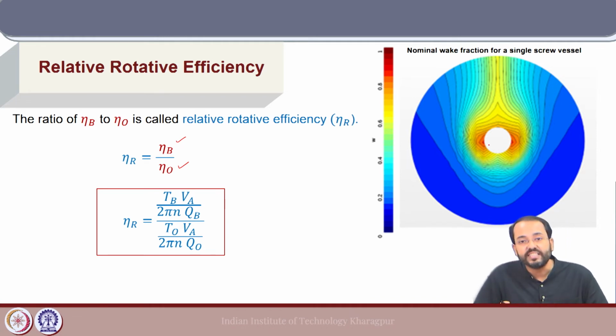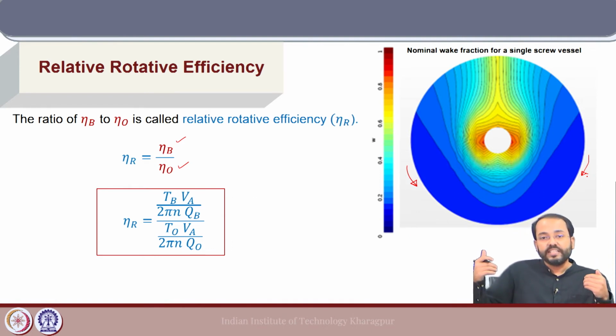So, here we can see that the wake fractions are very high at the central locations where the blockage effect is highest. So, the wake velocities will be low, which will give rise to high wake fraction, and along the periphery, the wake fraction value is very low because the velocities are very close to the free stream velocity or the ship velocity here.